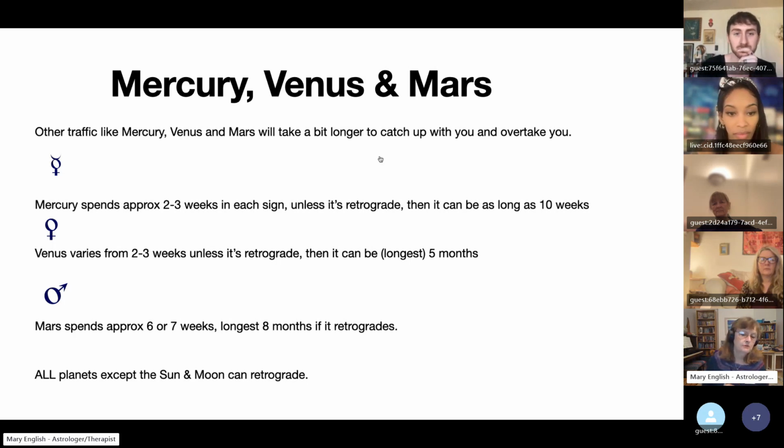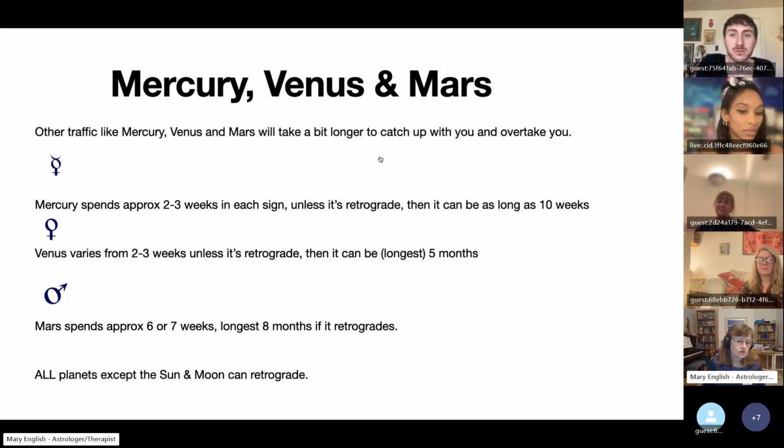Mercury spends approximately 2 to 3 weeks in each sign, unless it's retrograde, and then it can be as long as 10 weeks. Mercury only retrogrades for 3 weeks at a time, but if Mercury's already been transiting through a particular sign of the zodiac, it could end up in that sign for that amount of time.